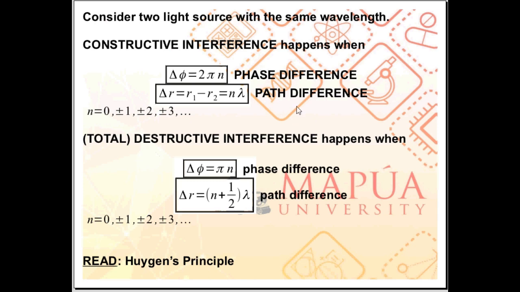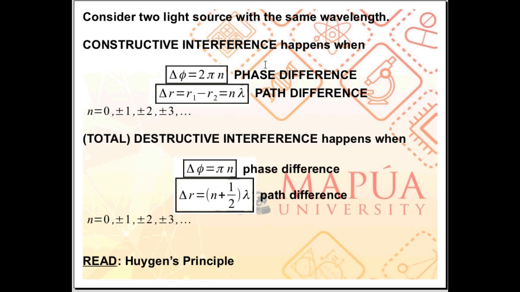In terms of light, think of it as brightness: with constructive interference the resulting brightness increases, whereas with destructive interference the resulting brightness decreases.